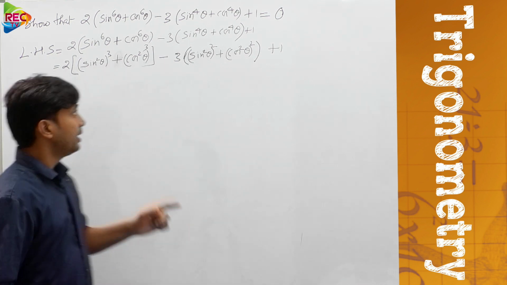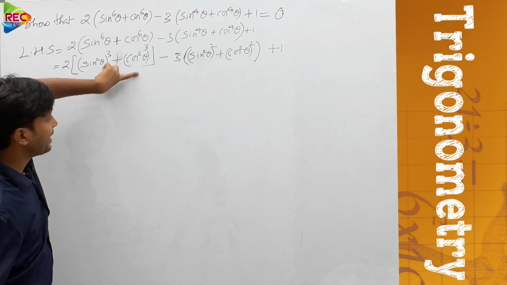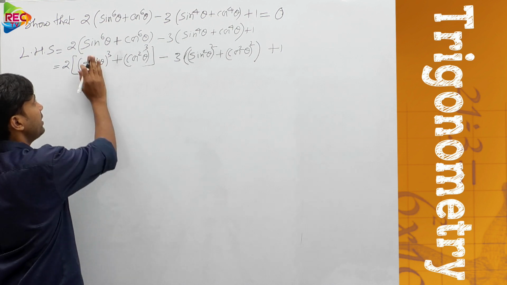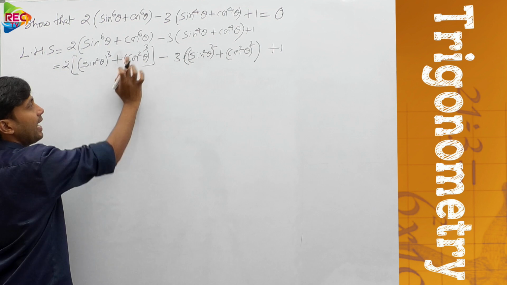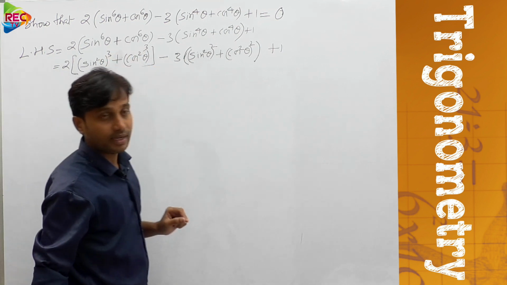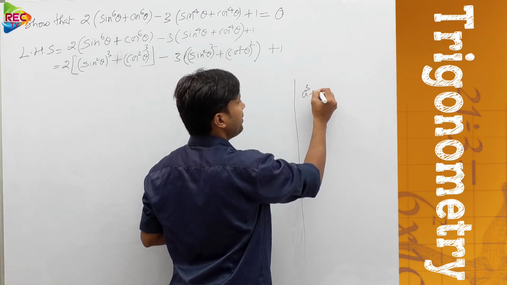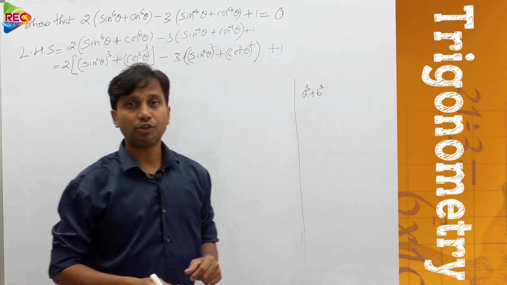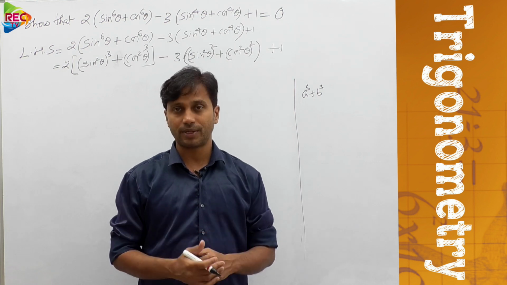What are those standard formulas? Let me write it first. The first bracket expression is in the form of, if you consider sine square theta as A and cos square theta as B, A cube plus B cube. Now A cube plus B cube can be written as, it's a standard formula you know, A plus B into A square minus AB plus B square.